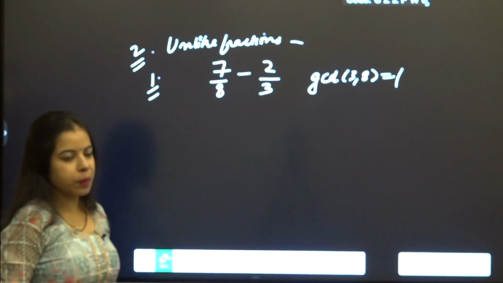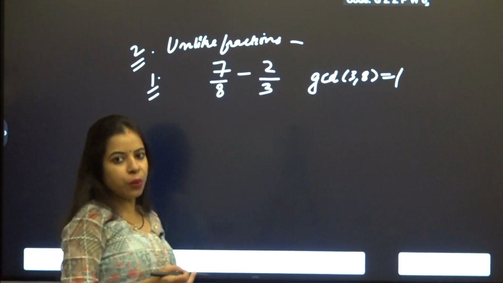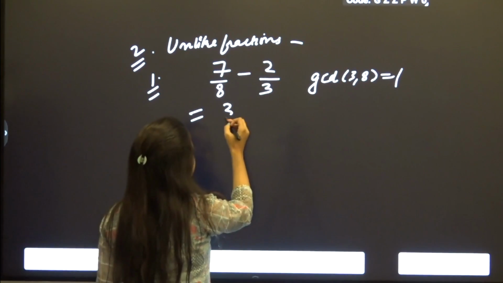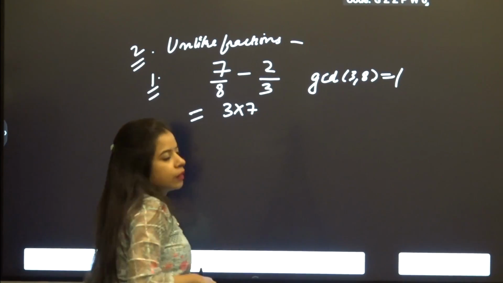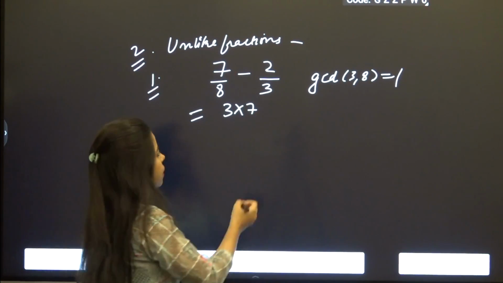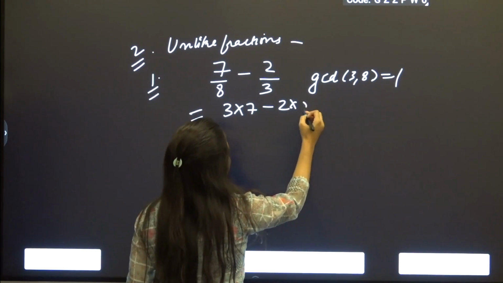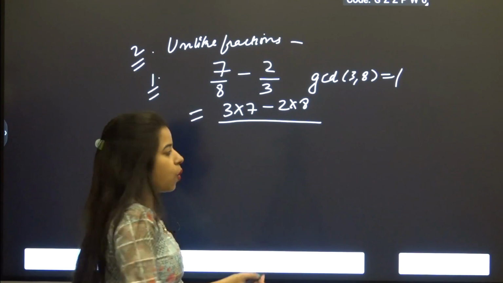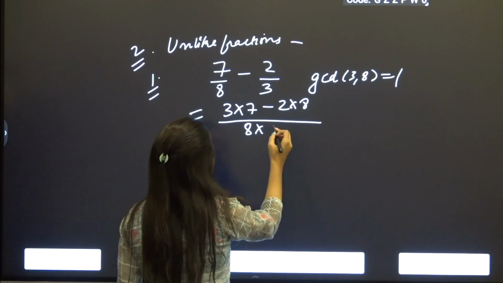They are co-prime numbers. So again we are going to apply the sutra Urdhva Tiryak, and it states that you just have to cross multiply 3 with 7 minus 2 with 8, and you have to take the product of the denominators, which is 8 into 3.